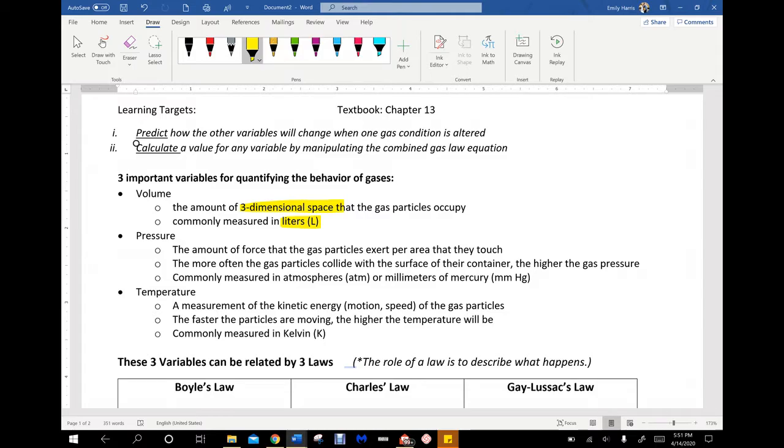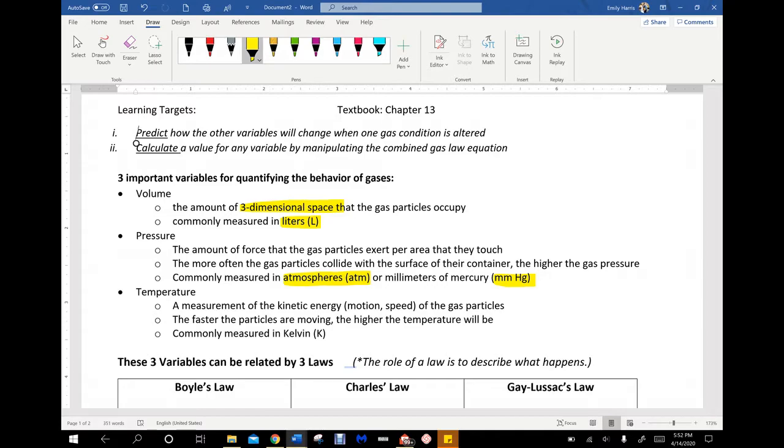If you think about a box with some gas inside it, the more often the gas particles hit the walls of the box, the more pressure they will exert, the more force. The less often they hit the walls, the less the pressure will be. Typically pressure is measured in atmospheres or sometimes millimeters of mercury.